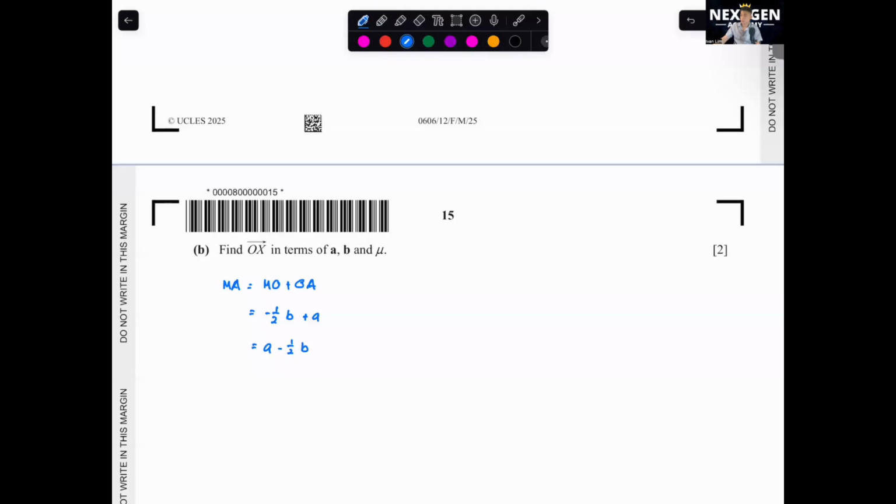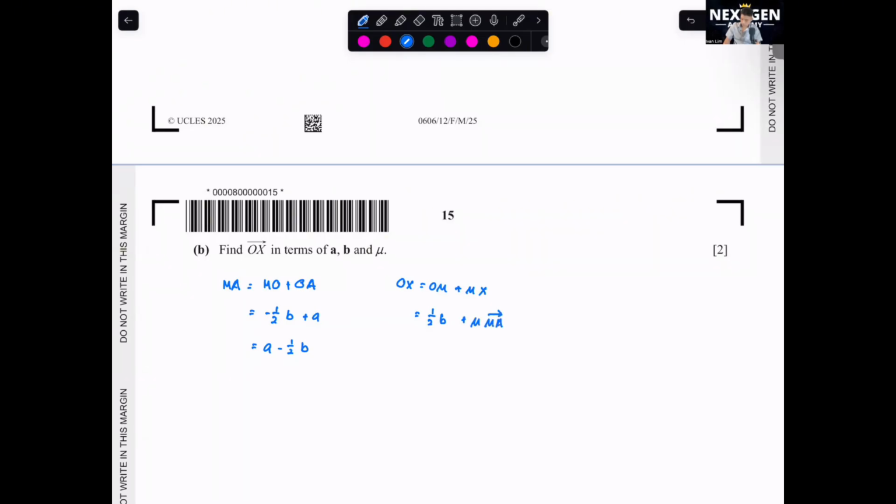We want to find what OX is right now. OX will be OM plus MX. OM will be half b. MX will be mu MA.